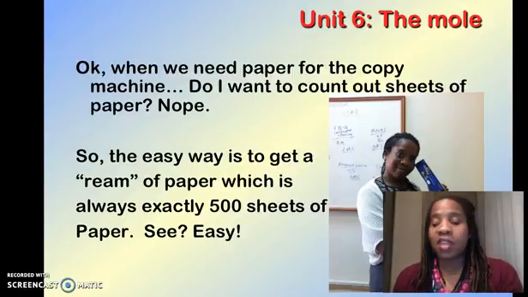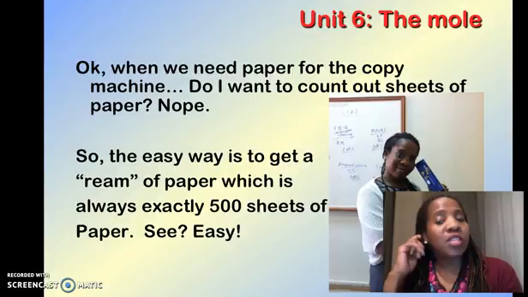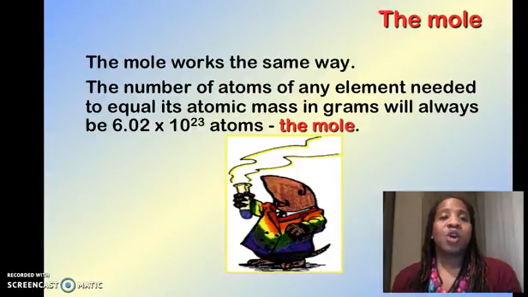We do the same thing sometimes with quantities like dozen. We buy a dozen eggs, and we know that that's exactly 12 eggs. If I say 2 dozen, then I know I'm talking about 2 times 12, which is 24. Anyway, we'll do the same thing with that number, which we call Avogadro's number. Okay? So that number is known as 1 mole.